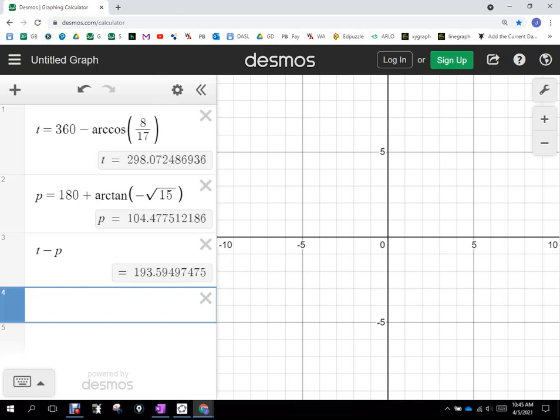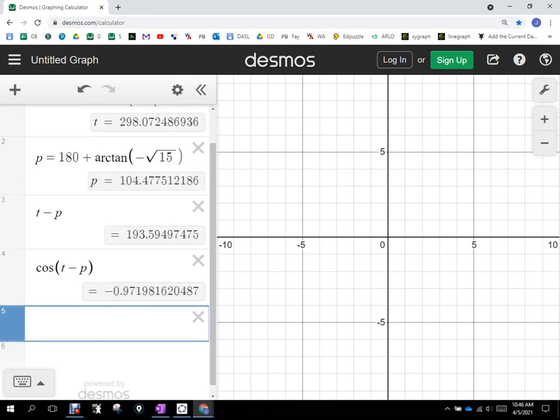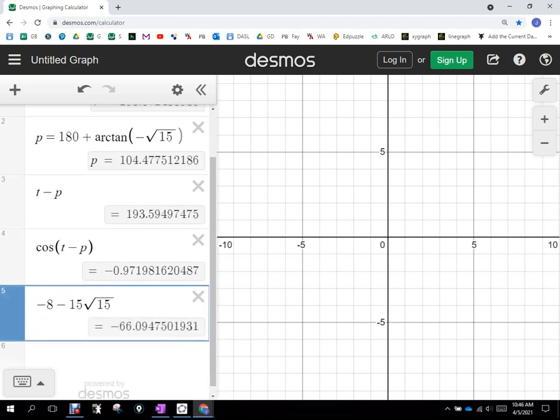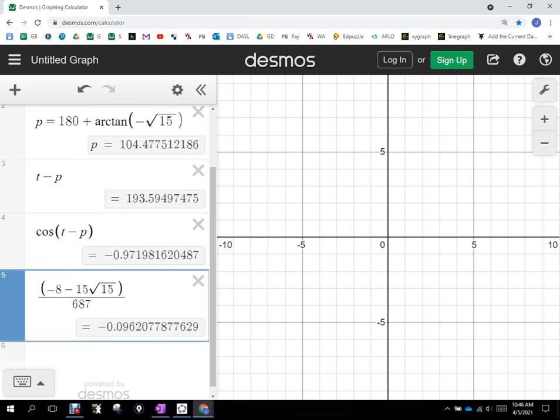Well, cosine of T minus P is that number right there, correct? We just found as an exact value, negative 8 minus 15 square root of 15 all over 68. Is it the exact same number? Okay.